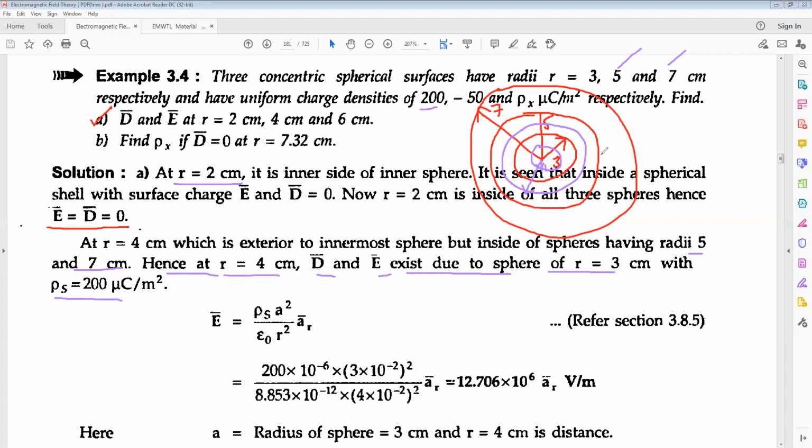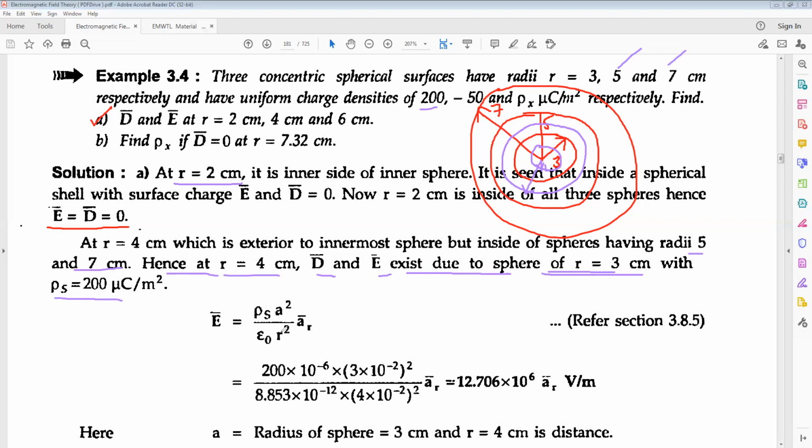Now, 4 centimeters is inside of 7 and 5, so there is no effect of those, but there is an effect of the radius 3 on this 4 centimeters. Got it, my dear friends? So for R is equal to 4 centimeters, the field exists due to the sphere of R is equal to 3 centimeters. The formula is E bar is equal to rho s into A squared by epsilon naught R squared.